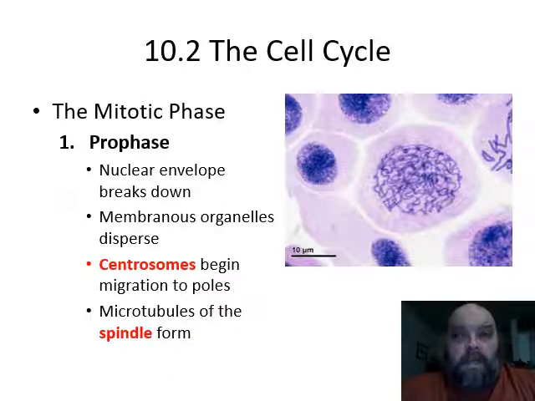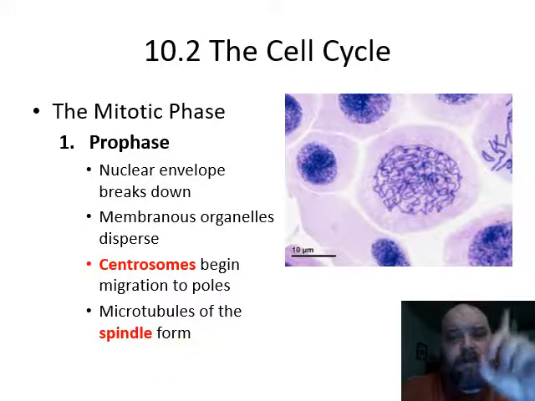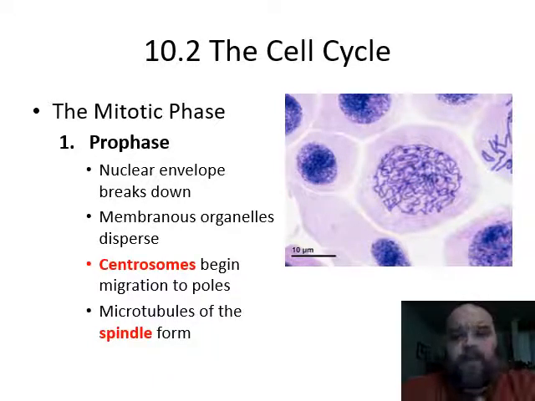Large organelles, the ER, the Golgi, and whatnot, also get broken down and moved out of the way, because, if you look above my head here, this is going to take up a large volume of the cell.